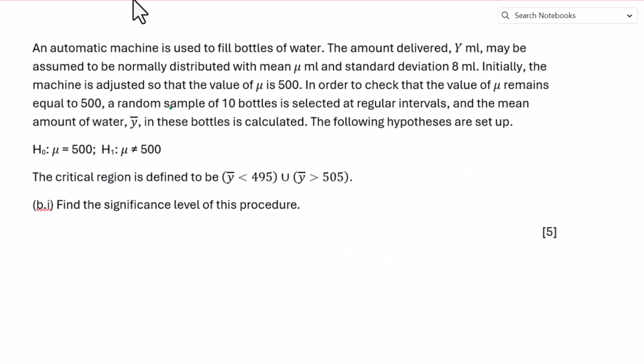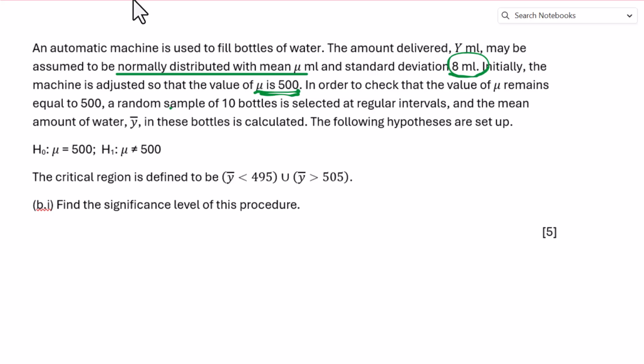An automatic machine is used to fill bottles of water. The amount delivered Y millimeters may be assumed to be normally distributed with mean mu millimeters and standard deviation 8 millimeters. Initially, the machine is adjusted so that the value of mu is 500.